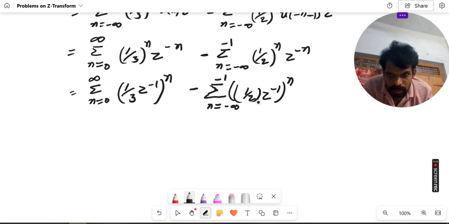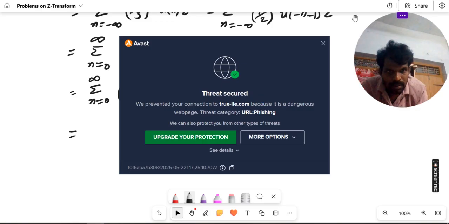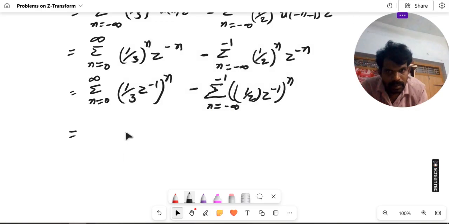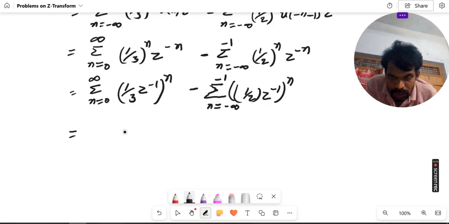Let us simplify this. So let us simplify the second part, because actually it is not a valid Z transform. That is the reason.